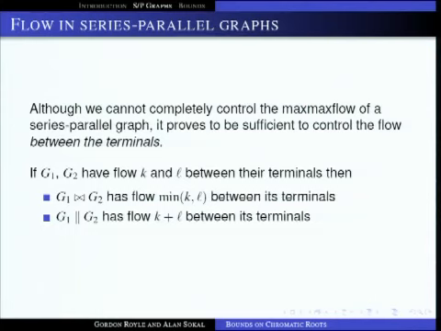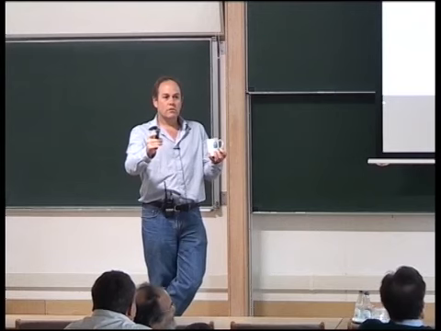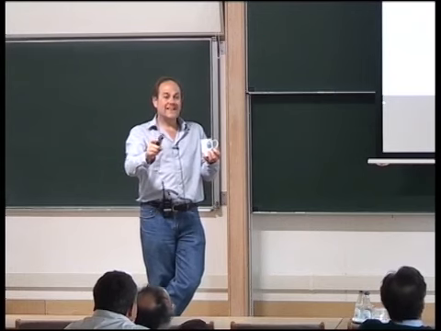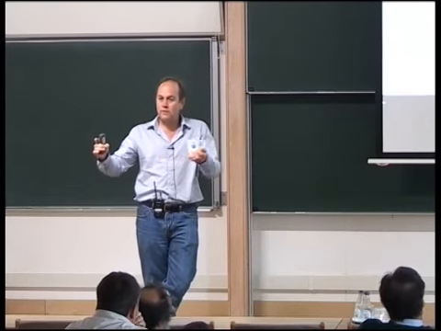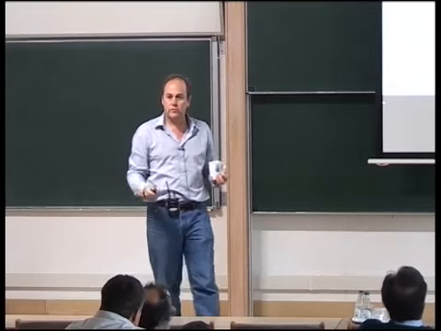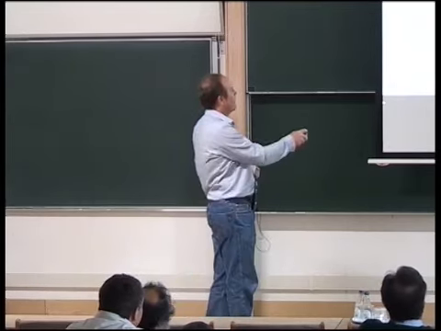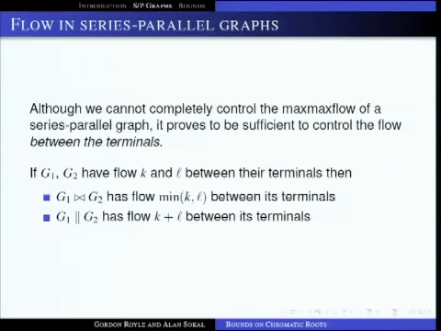You could only shove K flow from the terminal to the intermediate vertex, and then you've only got L to get from the intermediate vertex to the end, so to do both, you just take the smallest of the two. On the other hand, for parallel, you can shove K units of flow through the top and L units through the bottom, and so it adds up.